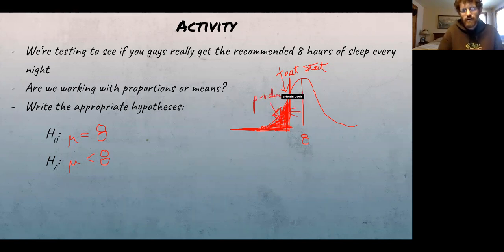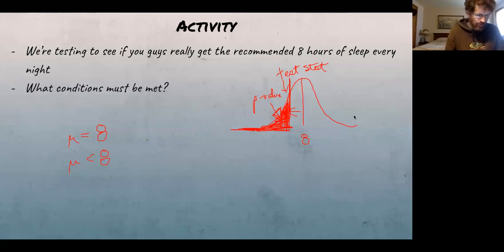And so if the p-value is too big, that means random chance is probably to explain, and we can't reject the null. If the p-value is really small, then it probably was not random chance. It must have been something else going on. You guys really don't get 8 hours of sleep. We're going to investigate that.